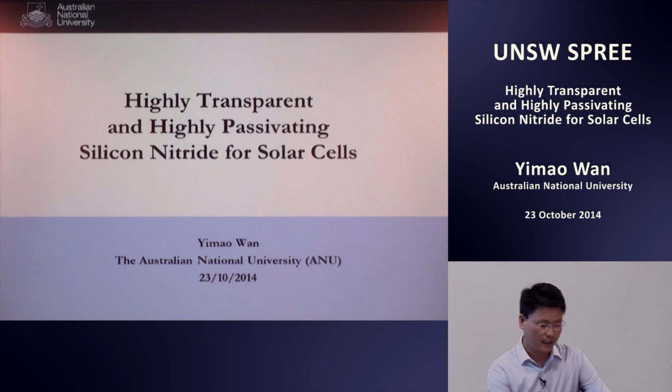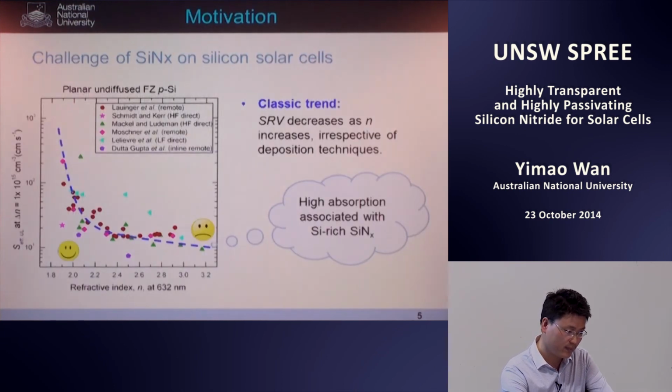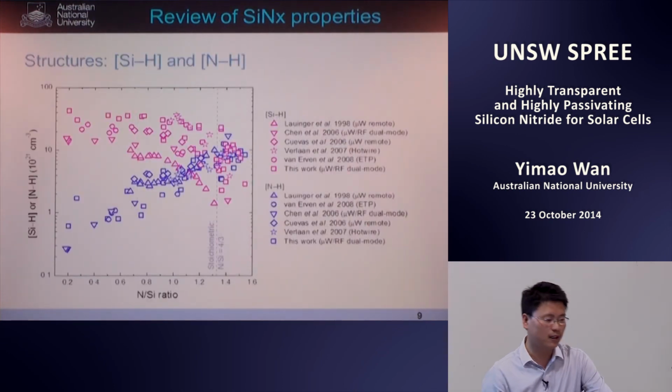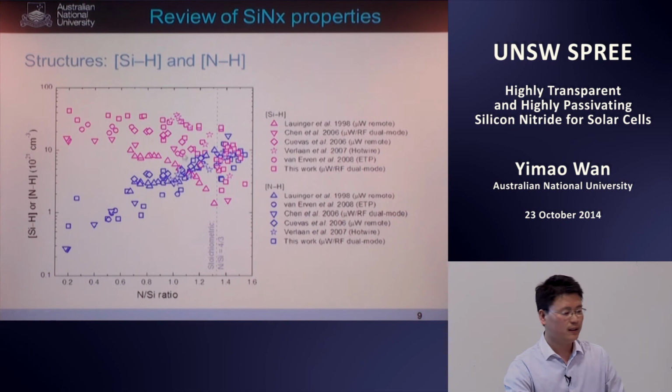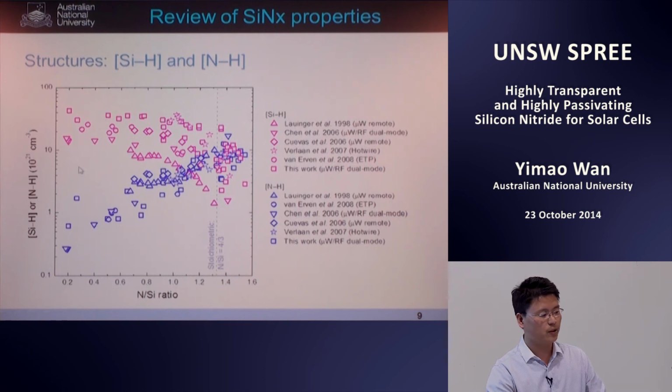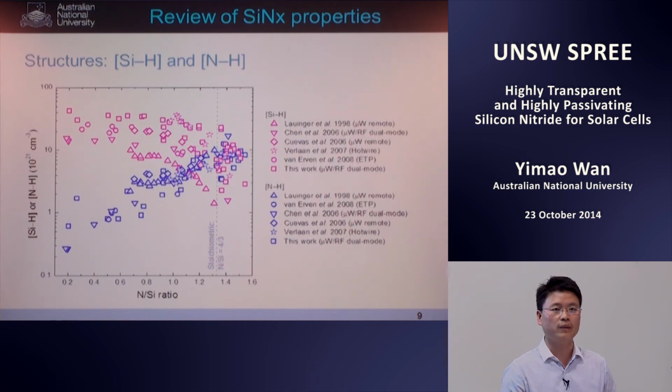If you see this graph, it shows quite a big range of error bar here. But when you study the ratio of nitrogen-hydrogen bond density to silicon-hydrogen bond density, it correlates quite well with atomic ratio. So it shows quite a linear correlation actually.